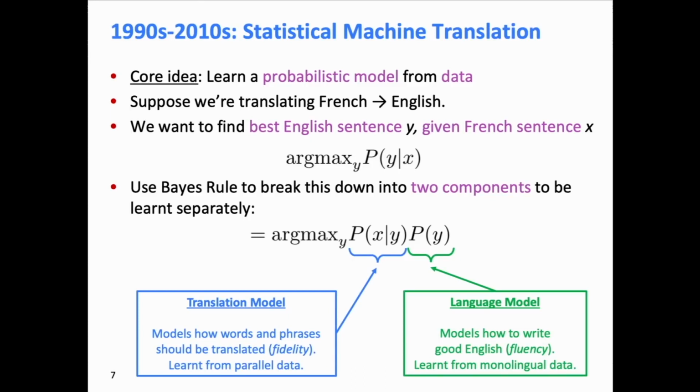The reason why we want to break down this single conditional probability distribution into the product of two different ones is that this is a kind of division of labor.